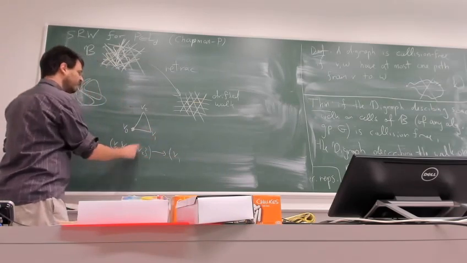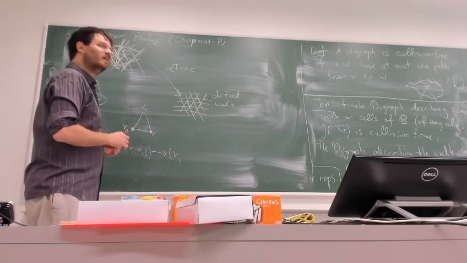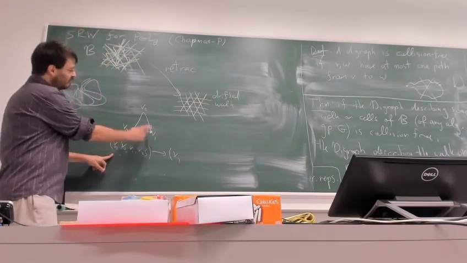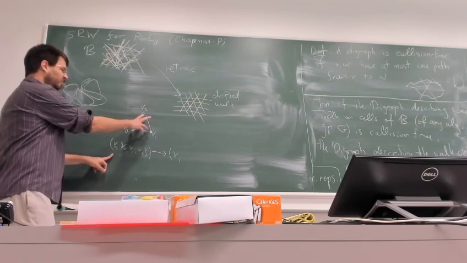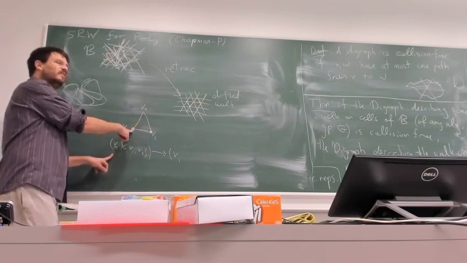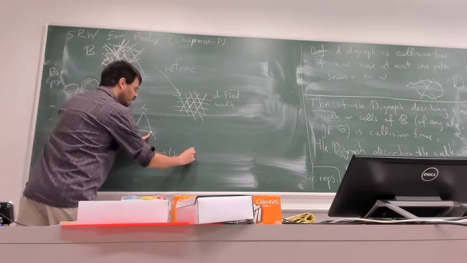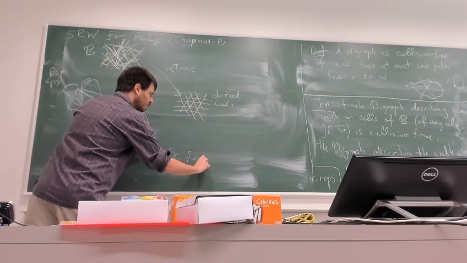V1, you always pick the next one. You keep walking on the vertices. No, I'm actually thinking about it as walking on triangles, but with a pointed triangle. A triangle is a choice of a vertex. Okay. I go to V1. The choice of a vertex is the vertex where you enter the triangle?